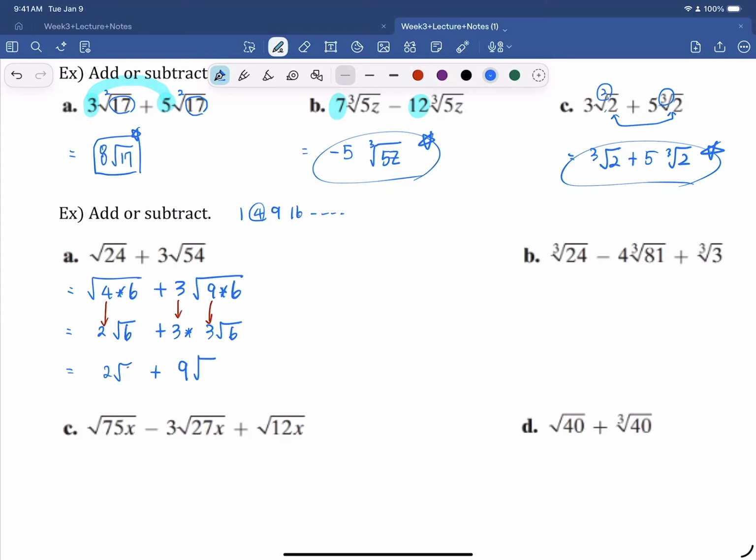Now we can combine them, because they have the same index and radicand. So 2 plus 9 is 11 square root of 6. That's the final answer.